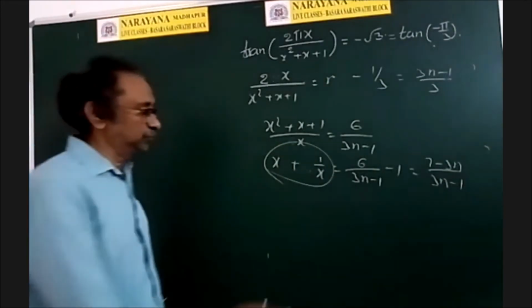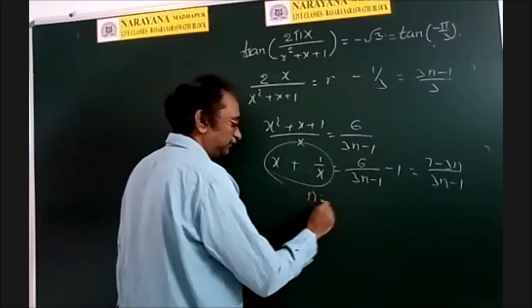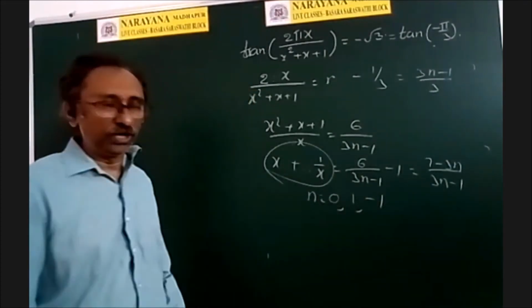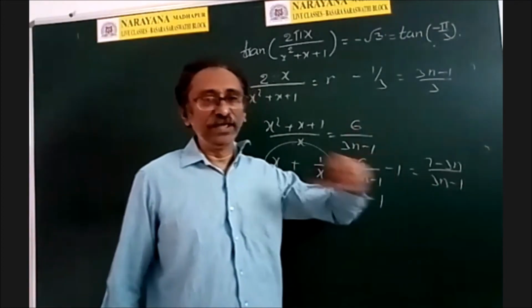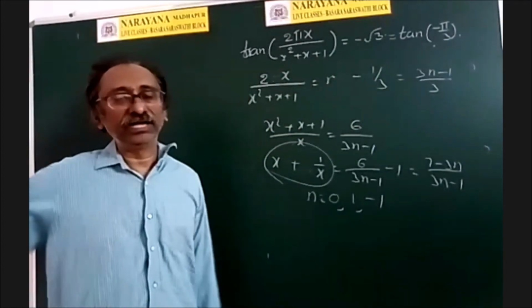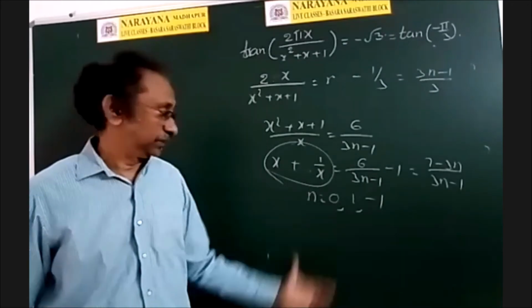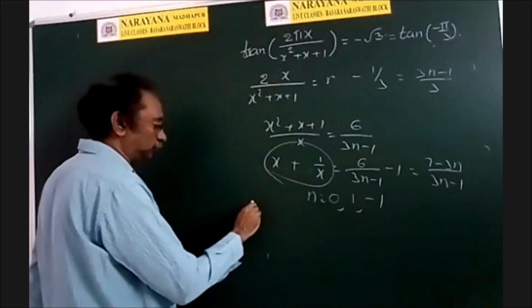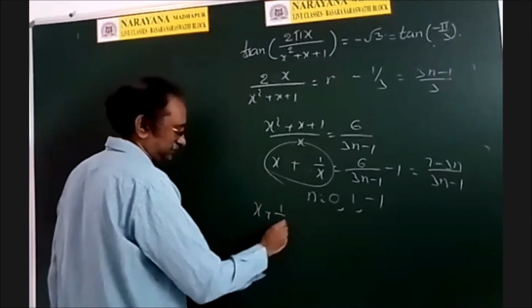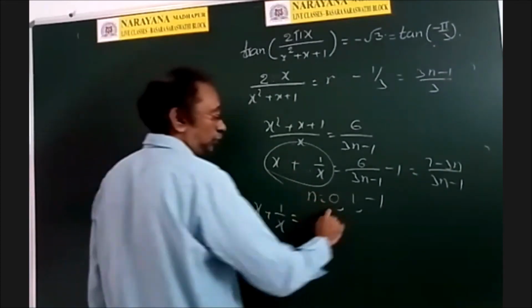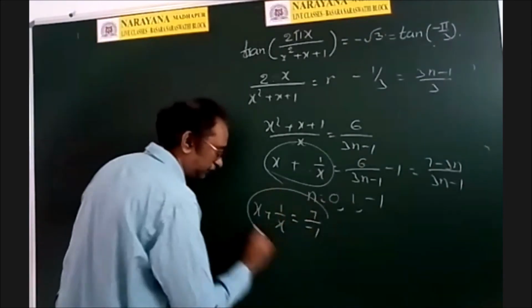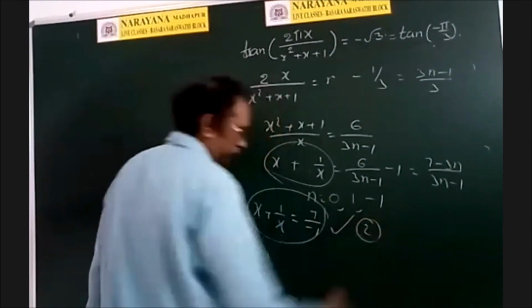Okay. And now by substituting also, you can verify that if you put n is equal to 0, 1 or minus 1 only, these values will be either less than minus 2 or greater than or equal to 2. And therefore, for n is equal to 0, 1, minus 1 only, we have to search for the values of x. If n is equal to 0, you will get 7 by minus 1. For this equation, you will have 2 solutions.